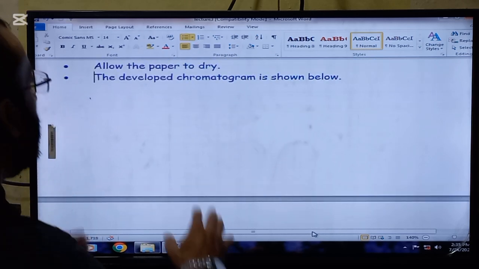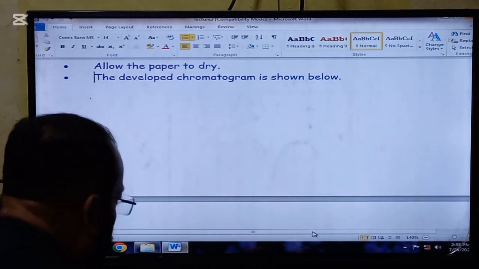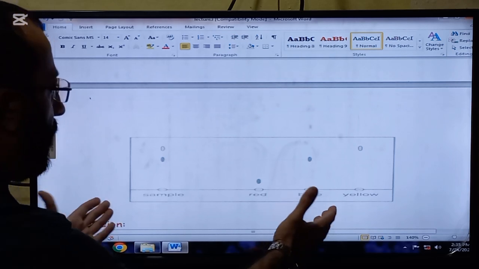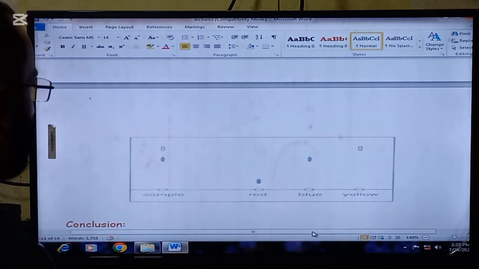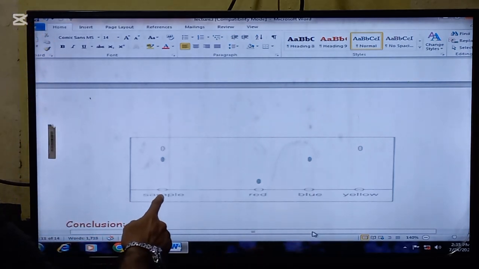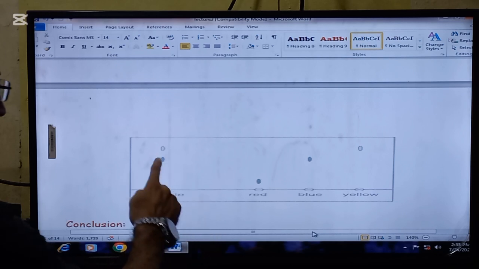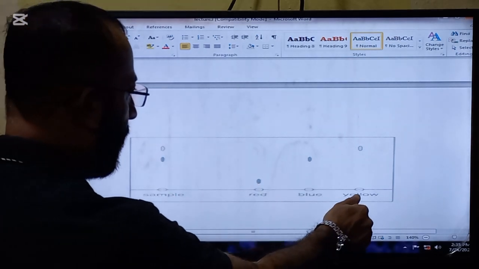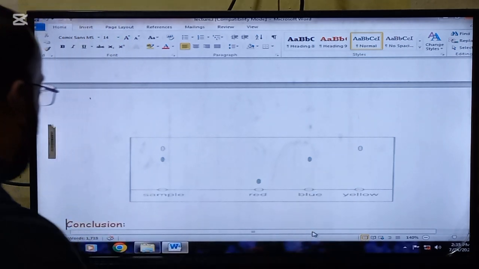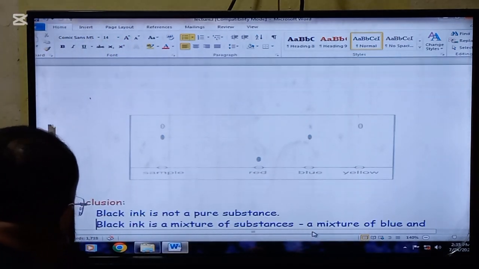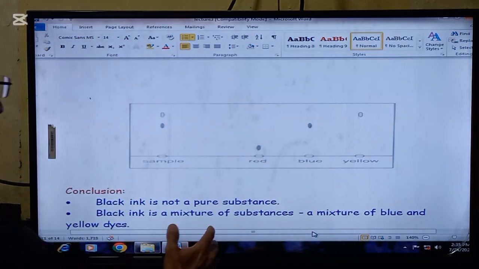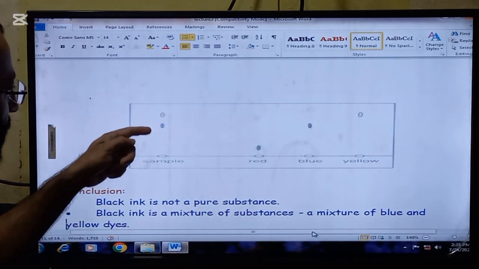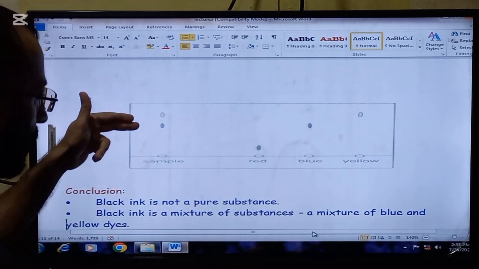The developed chromatograms are shown below. So here are the chromatograms that are developed. So look now, the sample has 2 spots, 2 chromatograms. Red has 1, blue has 1, and yellow has 1. So the conclusion is black ink is not a pure substance because it has produced more than 1 chromatogram.